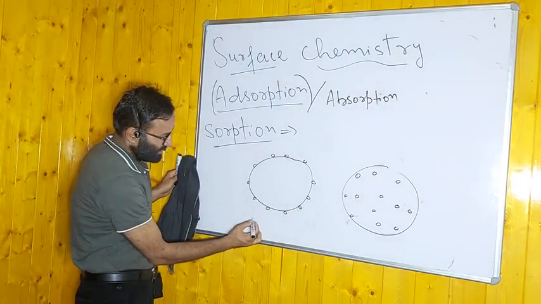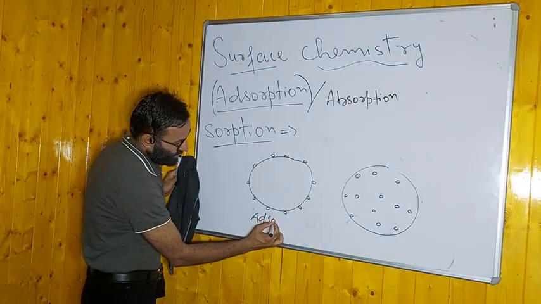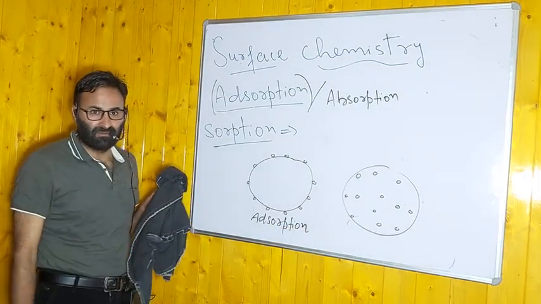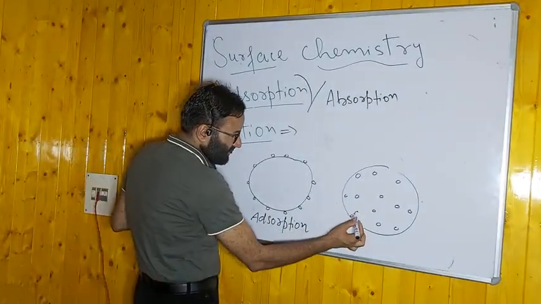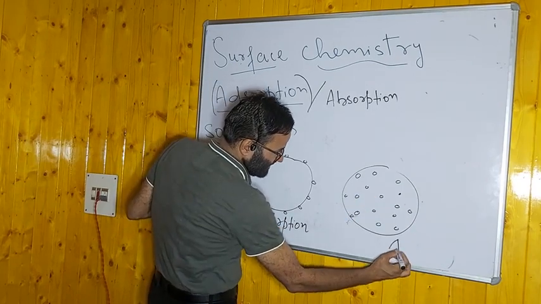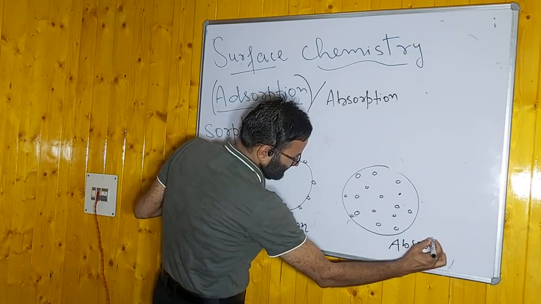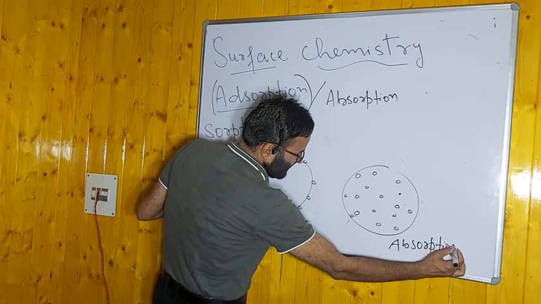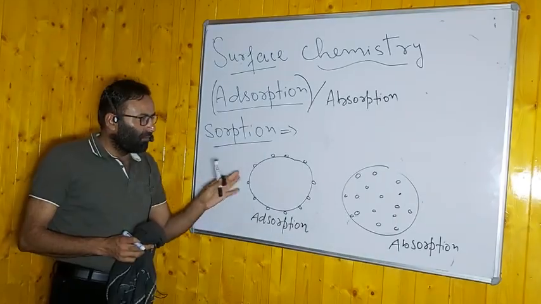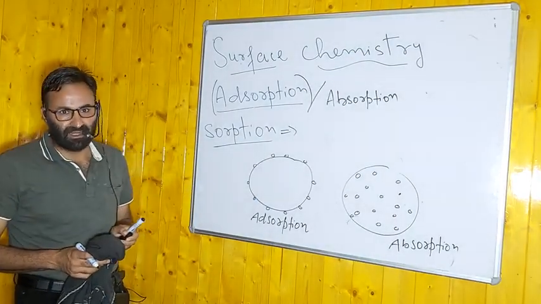It means that it is adsorption when the adsorbate particles remain on the surface, and when they enter and are distributed uniformly, at that time it is absorption. Sometimes both the processes take place simultaneously.